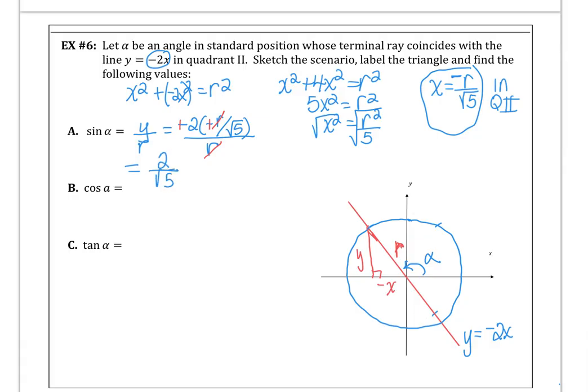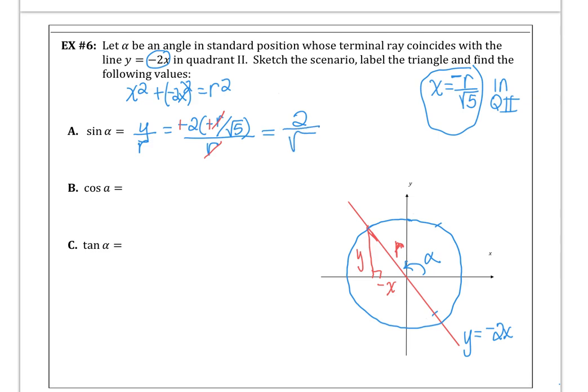Cosine, let me erase some of this so we can have room to write. So cosine of alpha is adjacent over hypotenuse. Adjacent side is the x value, and we said x is negative r over the square root of 5. So adjacent over the hypotenuse, which is also r.